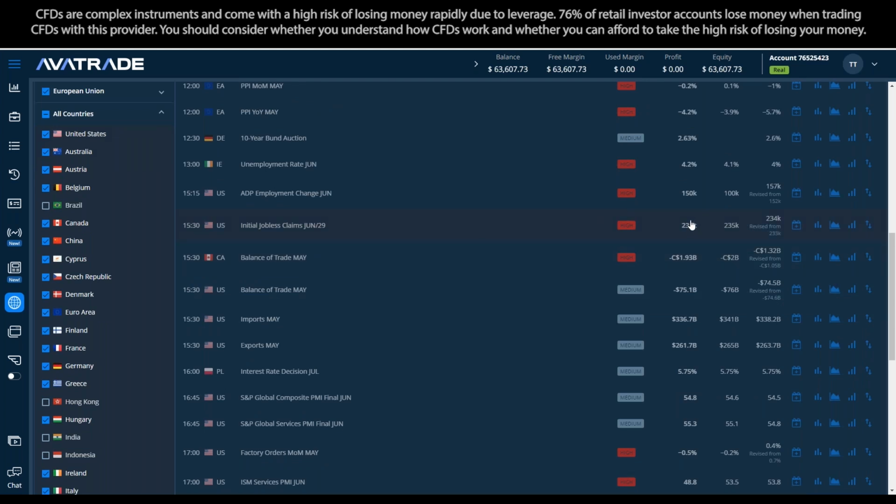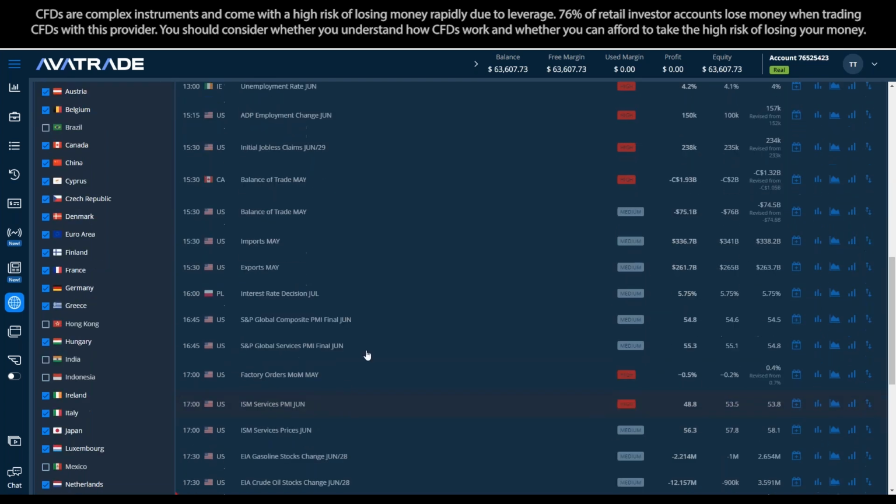That's bad news. Initial jobless claims, that's people who don't have a job, that number coming in higher than expected. The advanced data payroll showed a drop from the prior numbers from 157 to 150, but actually not as much of a drop as the prediction. So that's the one data point today we can look at out of the US that didn't come in worse than expected, but still shows a slowdown.